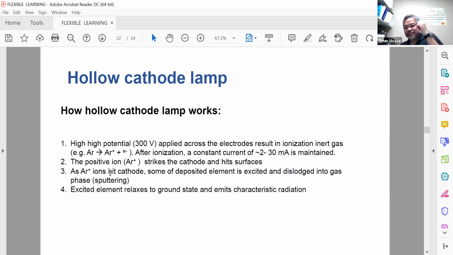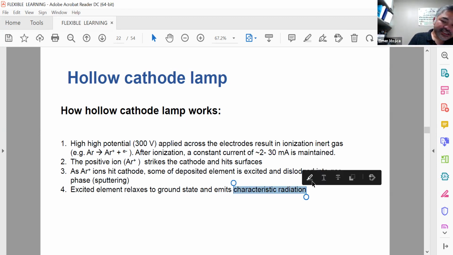What happens when it hits the surface? Some of the element, usually the metal there, is excited and dislodged into the gas phase, the so-called sputtering. Then the excited elements relax to the ground state and emit the characteristic radiation. I think there's a much better explanation in the previous module for this.